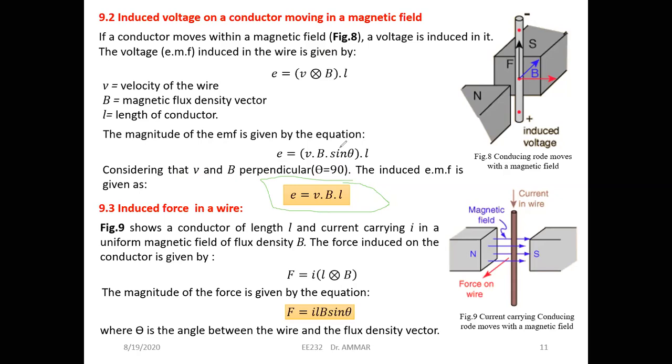I should repeat, to make a difference between the first and the second case. The first case, we said induced voltage using a time varying flux. We didn't mention whether the conductor is moving or not, only the flux is variable. It's alternating flux.